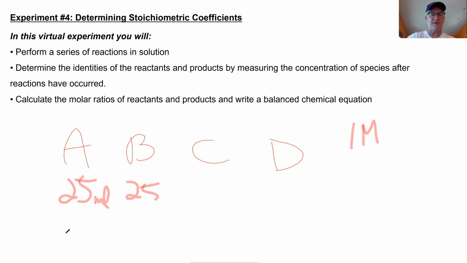If I have 25 mils of each one in my beaker, what's the concentration of A, B, C, and D?